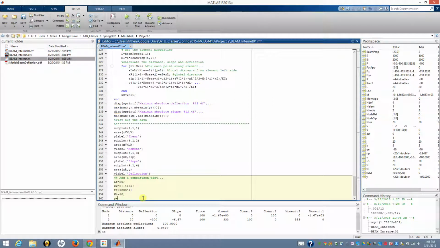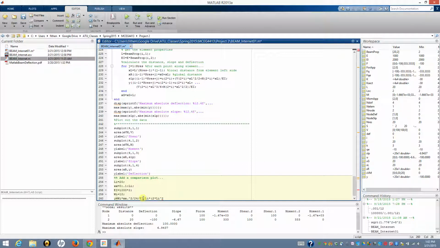And then I said, from the other equation, WI times XX squared divided by 24 divided by EI, divided by LI times 2 times LI squared.